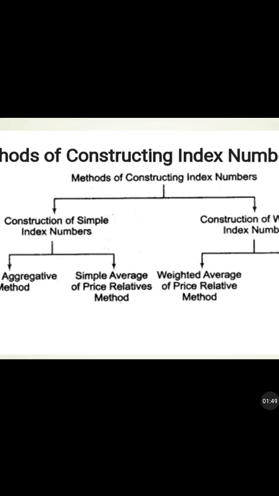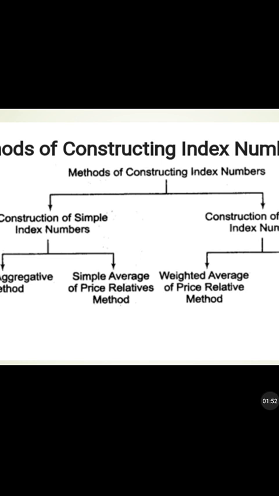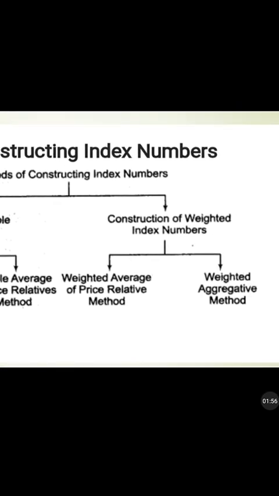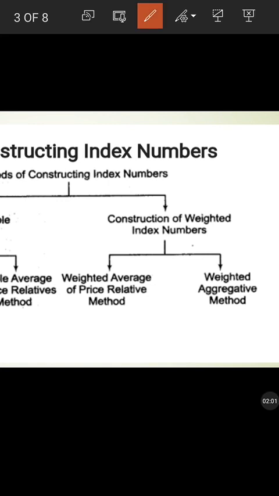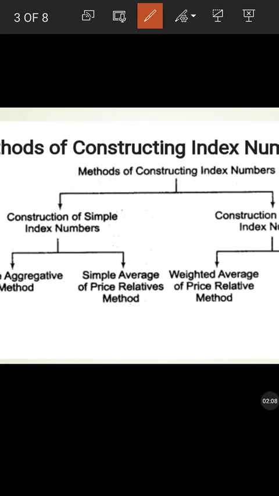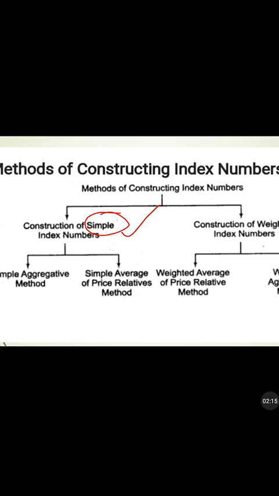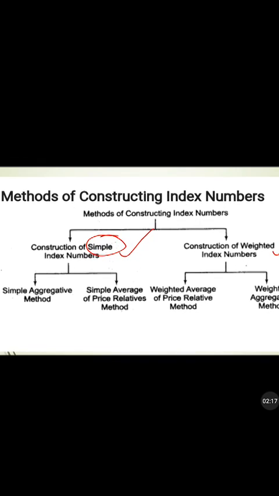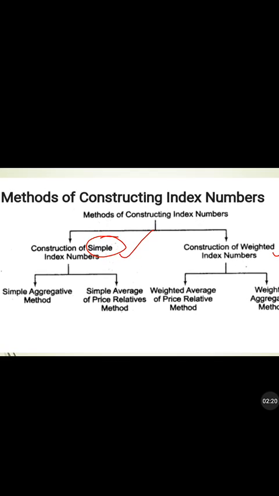The construction is done in these two main methods. From the term simple, we can see that we have two methods: one is the simple aggregate method and the next one is the simple average of price relatives method.